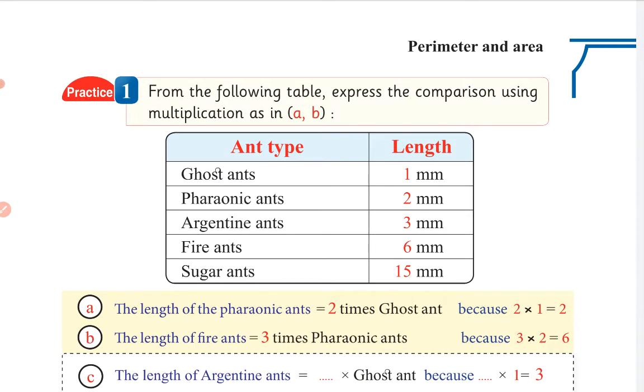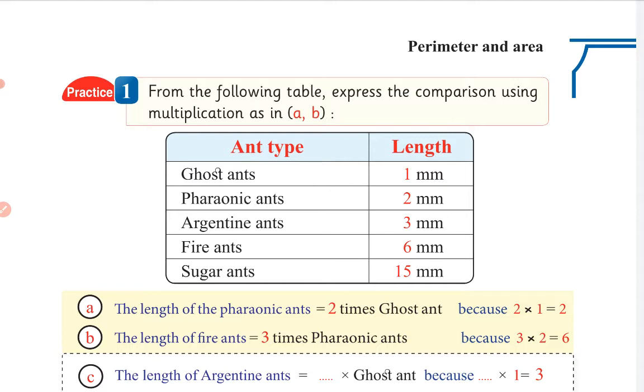From the following table, express the comparison using multiplication as in A and B. في السؤال الأول بيقول لي the length of pharaonic ant 2 times ghost ant because 2 times 1 equal 2.